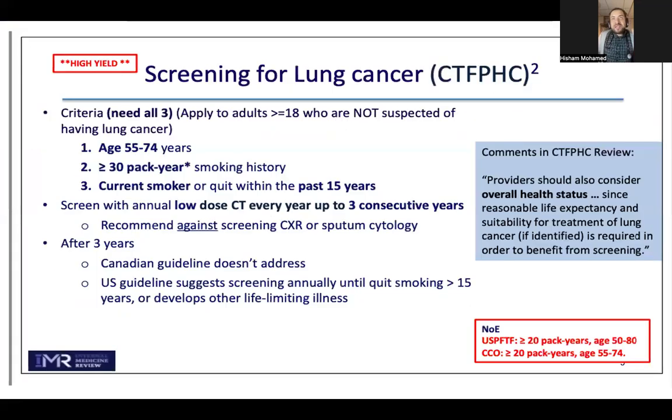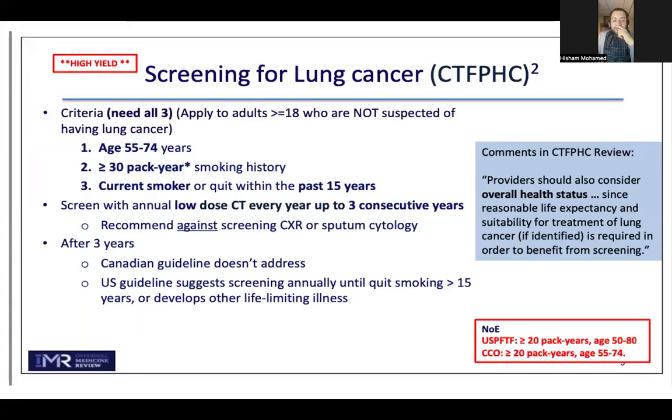For lung cancer, you can screen in 3 criteria. We need 3 conditions to be screened. Age 55 to 74.